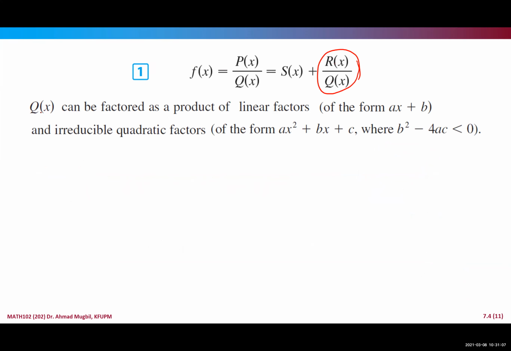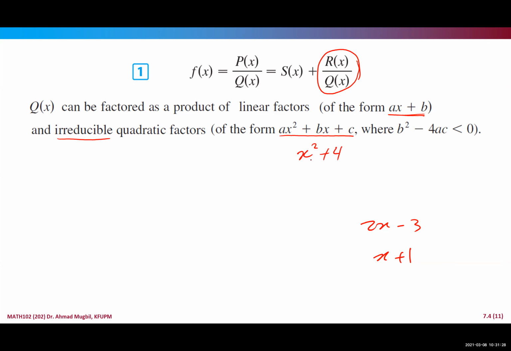So if the denominator Q(x) can be factored as a product of linear factors, like 2x minus 3, x plus 1, these are linear factors, or irreducible quadratic factors. What do we mean? Something like x squared plus 4.